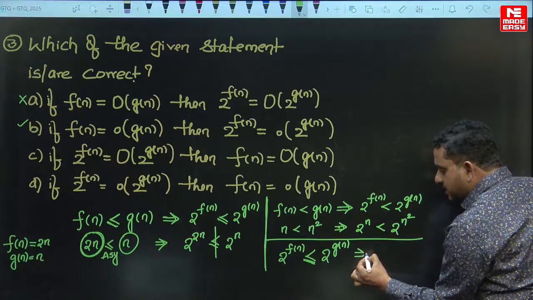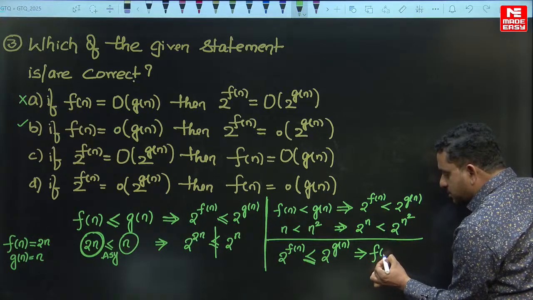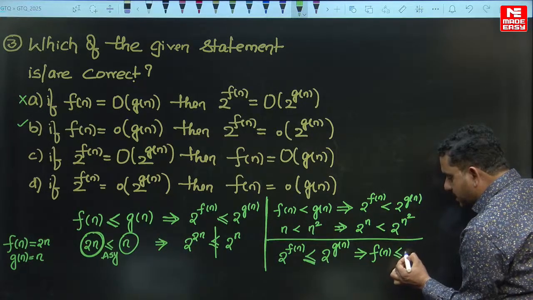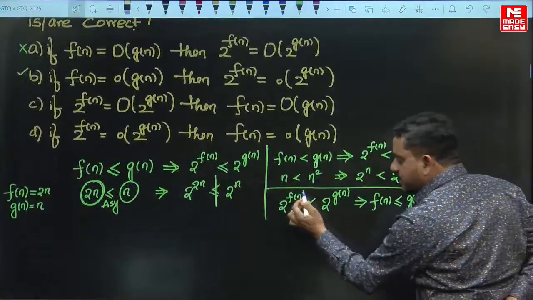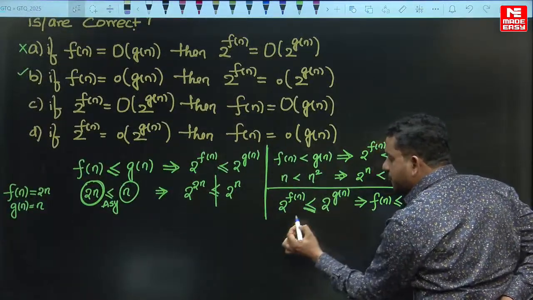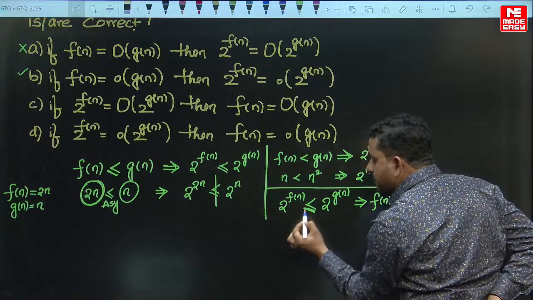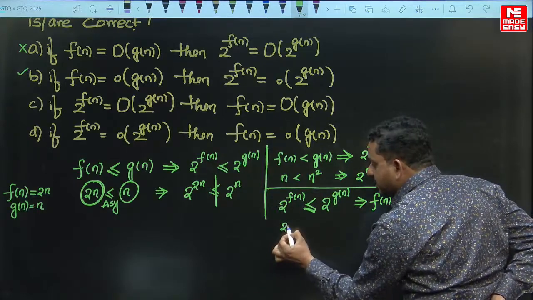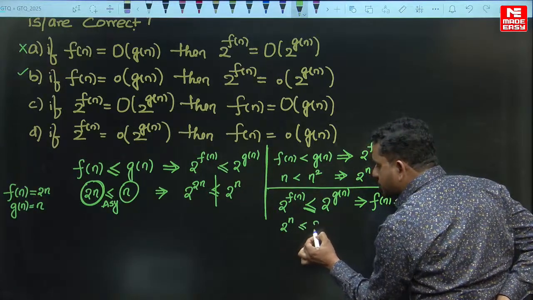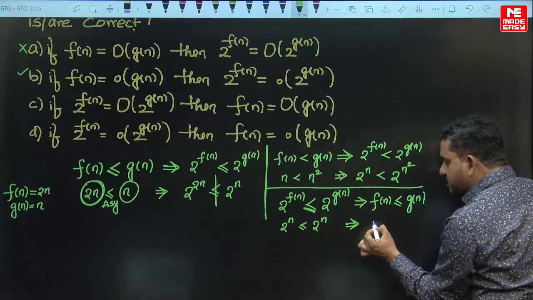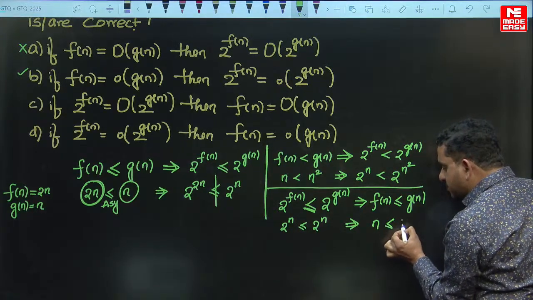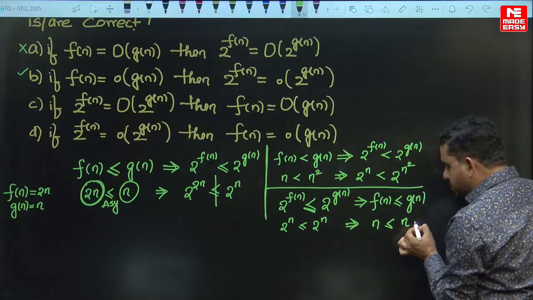Then in that case f of n is also asymptotically less than or equal to g of n. There are two possibilities for this. F of n and g of n should be exactly the same, assume f of n and g of n are n. So 2 power n is less than or equal to 2 power n, and n is also less than or equal to n, so asymptotic equality is true.